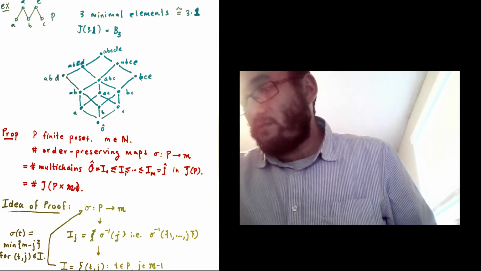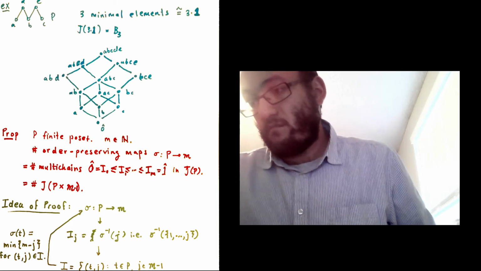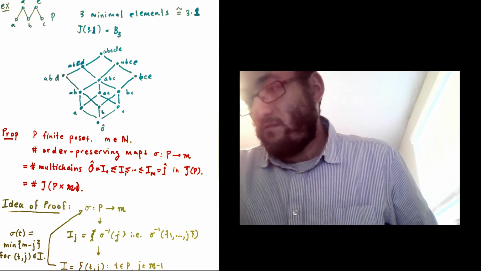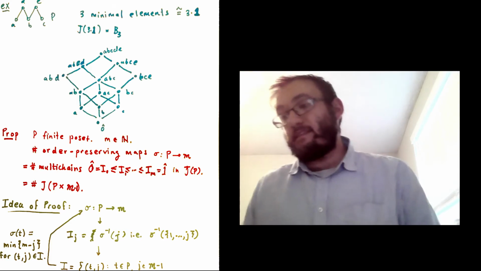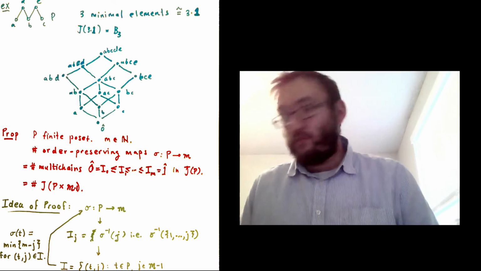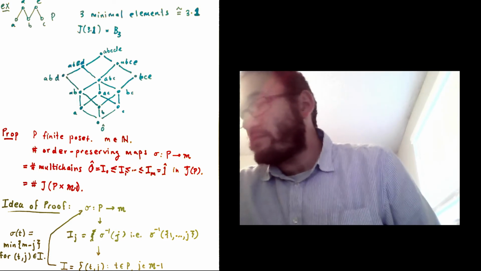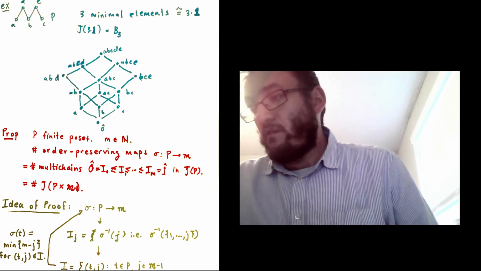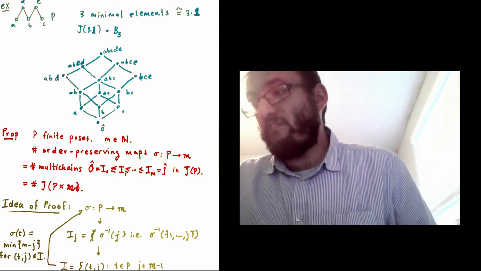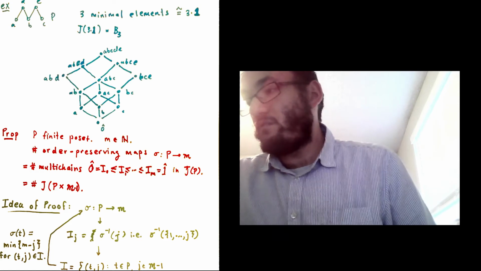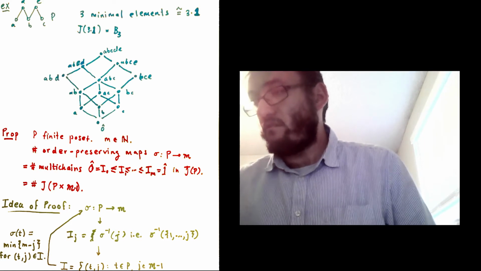So we can take our poset to be this one. Okay, it's sometimes called a zigzag. It's a bit smaller than the example in Stanley, but we have 3 minimal elements here. So the 3 minimal elements, if I just focus on those, that's an anti-chain of size 3.